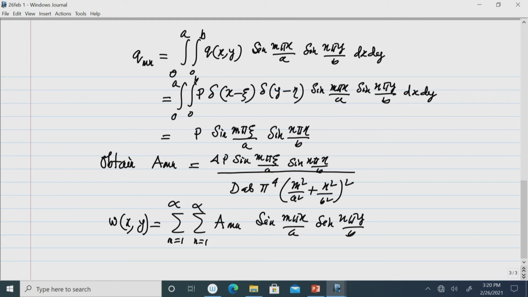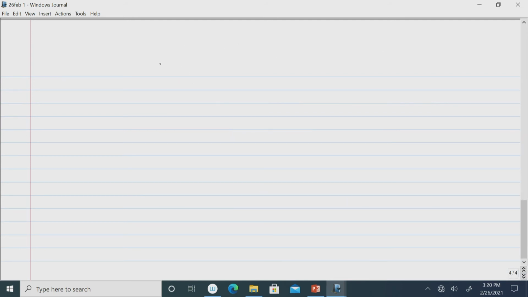Okay. Now, let us see what happens in case of a line load. So, if a line load is acting on the plate instead of this concentrated load, then it is also possible to obtain this QMN. For example, we have the plate with line or strip loading.